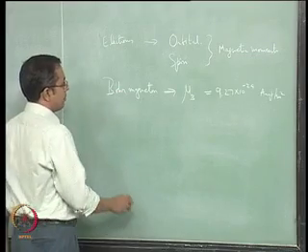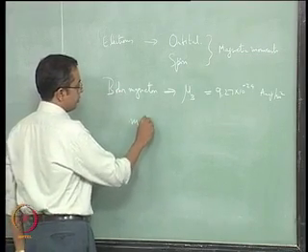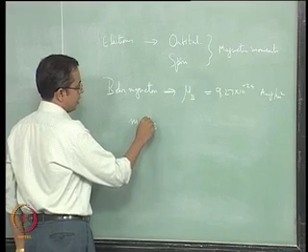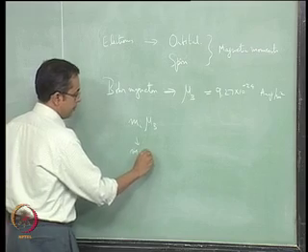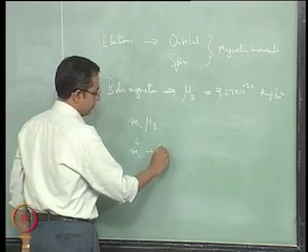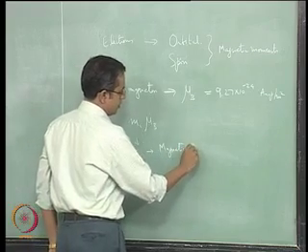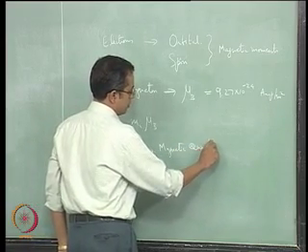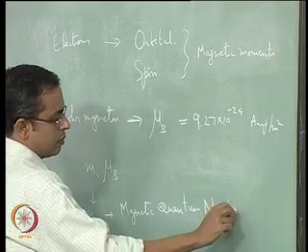And the orbital magnetic moment is typically m_l times mu b, where m_l is the magnetic quantum number of that electron.